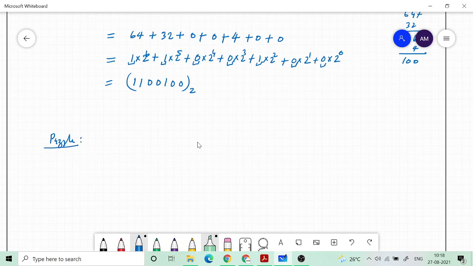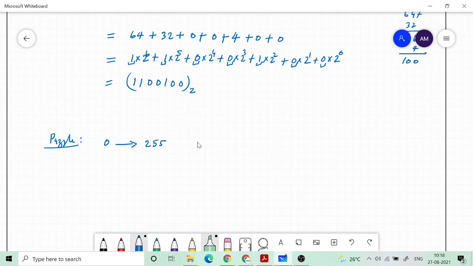So this is a puzzle. You can say to your friend that I have a number in my mind, it's a decimal number, and it is somewhere from 0 to 255, one of these numbers.